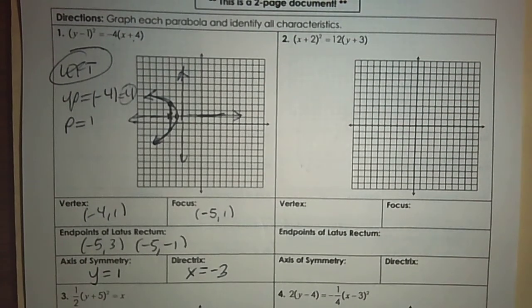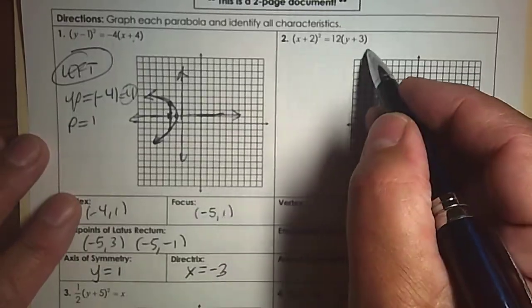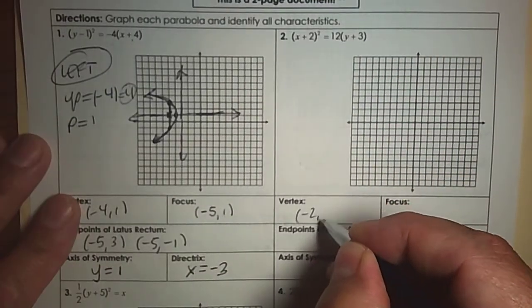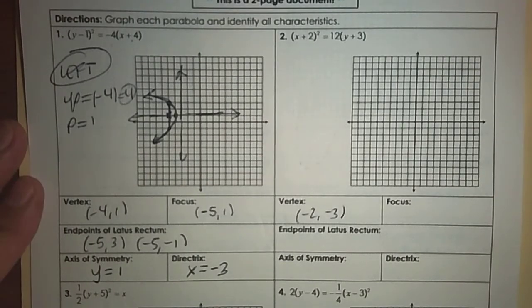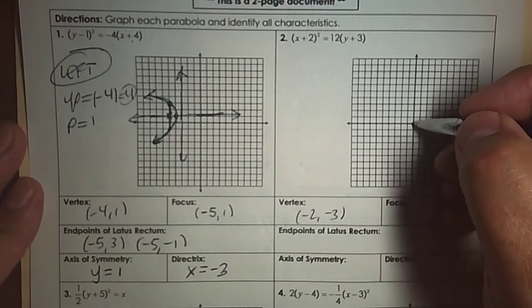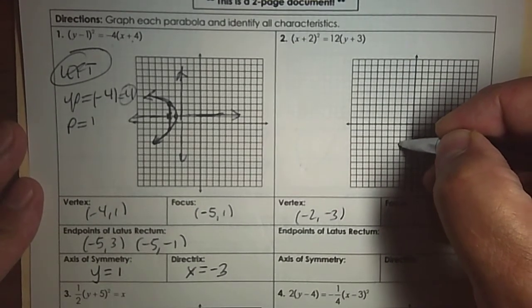Number 2, press pause. This is where you get the most out of this. Try it, and then press play and see if it's correct. Challenge yourself. All right, first thing I notice, it's in the right form. So -2 and -3, that's my vertex. Done.